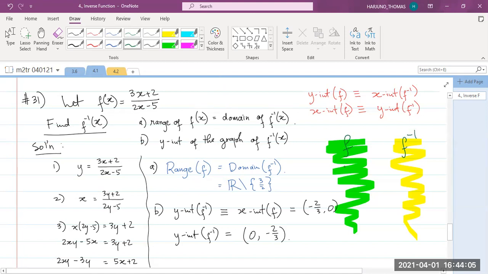Now, there are some questions here that are hard to answer. For example, the range. Usually it's hard to answer that question directly, but it will be easier for us to look at the mirror, the dual first, and find what is the domain there. Now, the domain of your inverse function will give you the range.